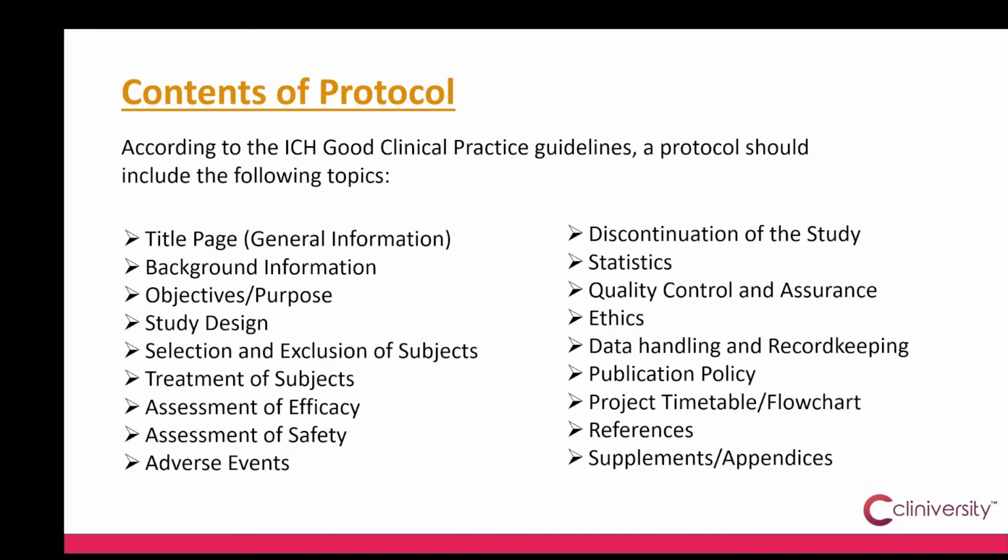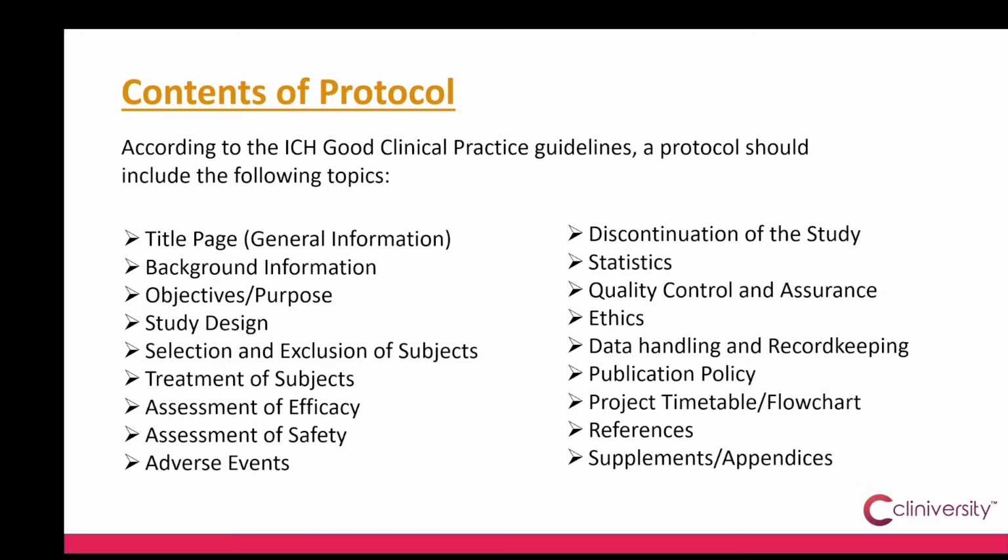Publication policy, in case you want to publish anything related to the protocol, whether we are going to publish at the start or in between, and which parties are involved in this publication policy. Publication means publishing the progression of this particular clinical trial. So to publish this protocol or this data, we need an approval. And project timetable and flowchart. So when we are going to start, and in between, in case we need to extend, how we are going to do that.